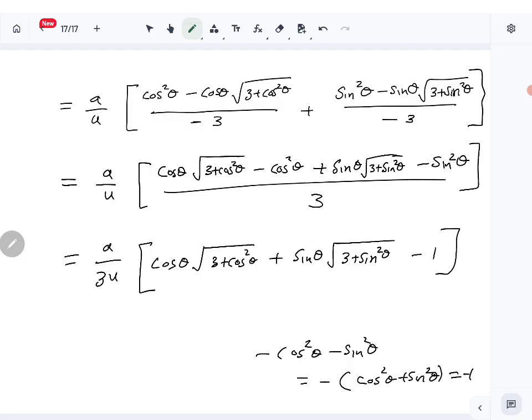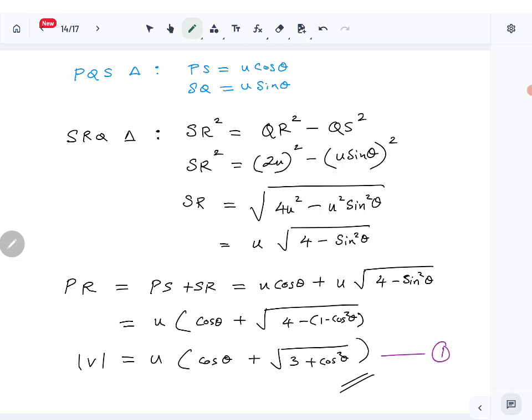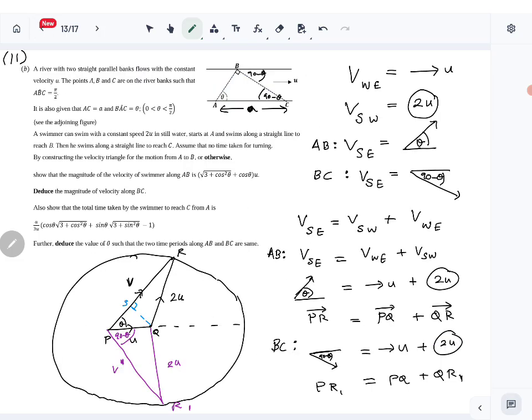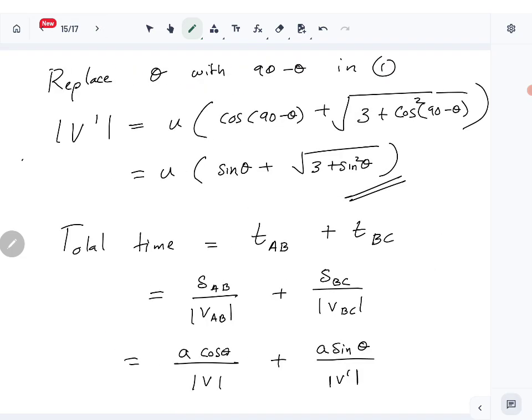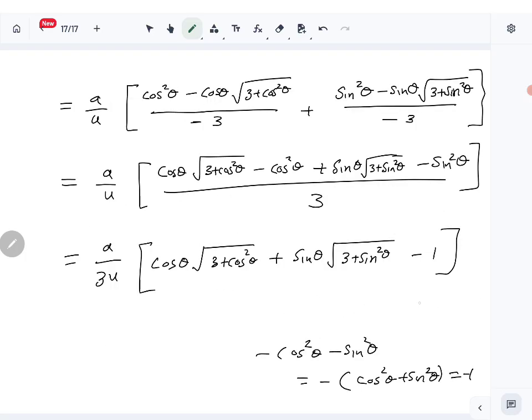So let's check if that's the answer. Yes, a over 3u, cos theta root part plus sine theta root part minus 1. Right, so we get the answer. So that is the relative velocity question. Next, we'll do the relative acceleration questions, wedge and pulley ones.